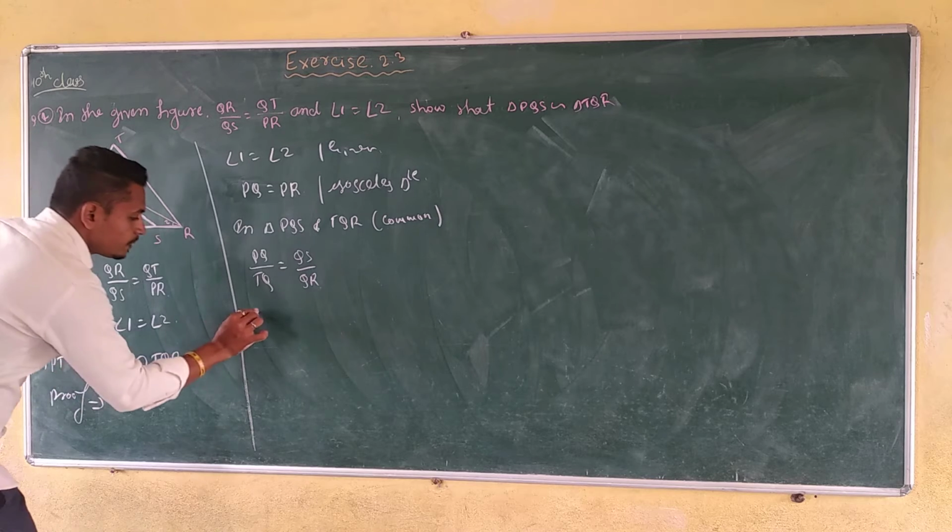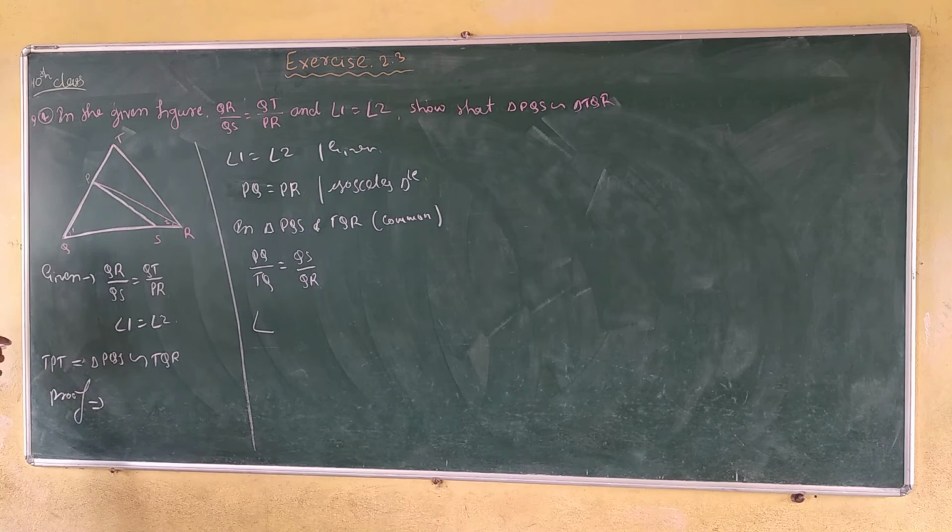Next, another one, the angle. In triangle PQS, the angle PQS is 1, and in triangle PQR, the angle PQR is also 1.